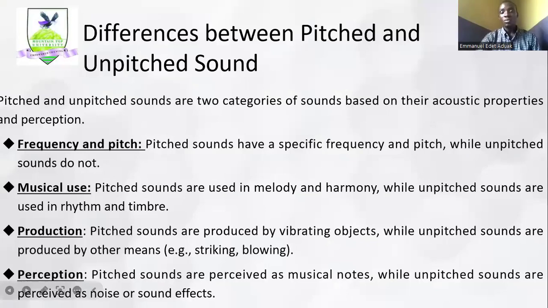In terms of production, pitched sounds are produced by vibrating objects, while unpitched sounds are produced by other means such as striking and bowing. In terms of perception, pitched sounds are perceived as musical notes, while unpitched sounds are perceived as noise.